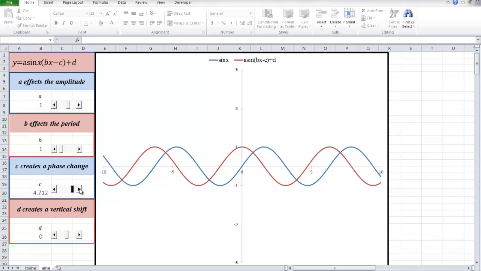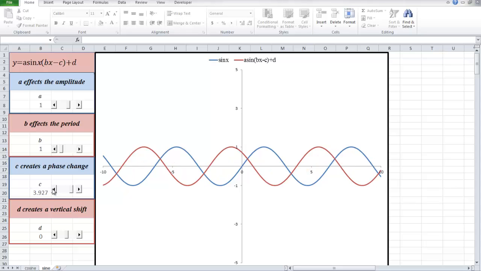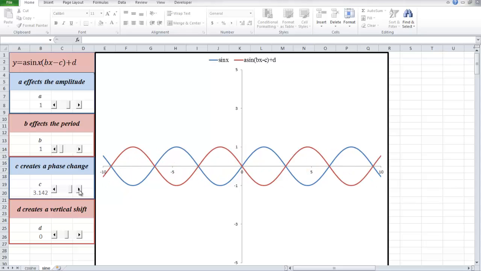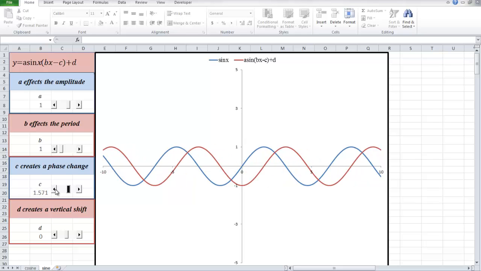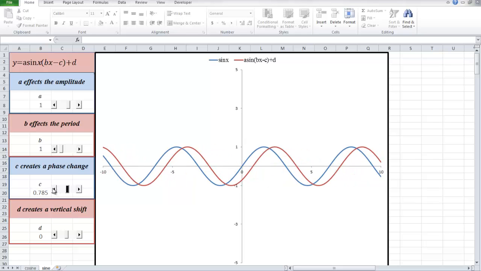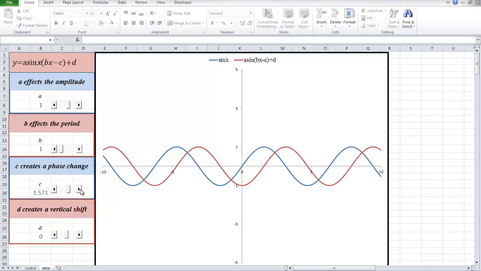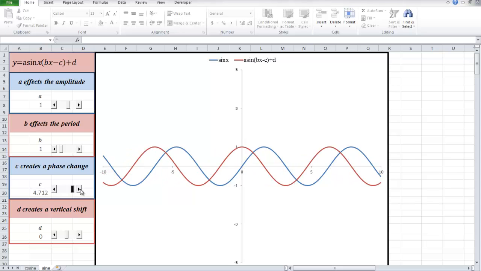You should also note that a phase change of pi over 2 gives a regular cosine right there. If I have a phase change of 3 pi over 2, the red one looks just like a cosine function now.